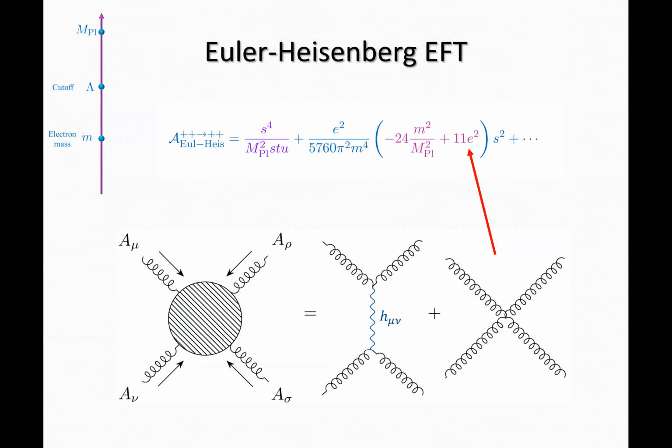Right. So, you're saying, typically we don't scatter photons, but there has to be something. I can't tell you what it is, but there has to be a new field coming in at that scale, or the electron has to couple to the photon with new operators coming in at that scale.